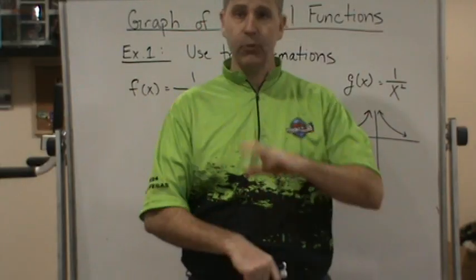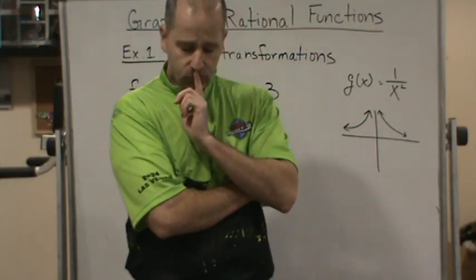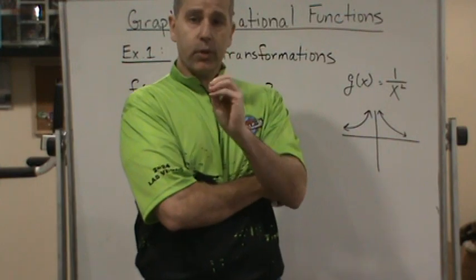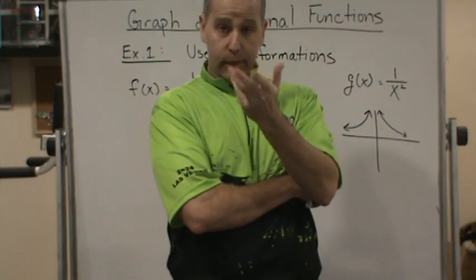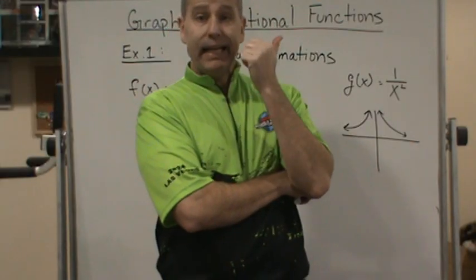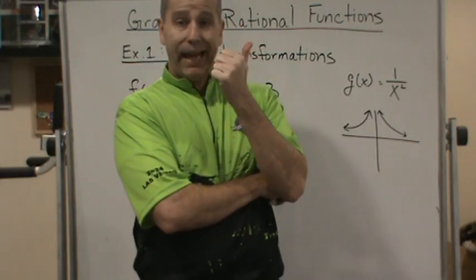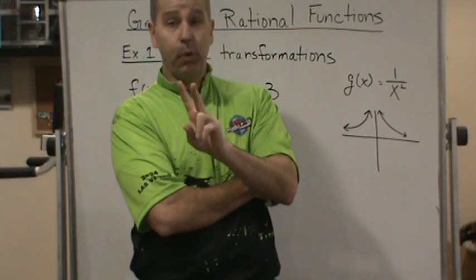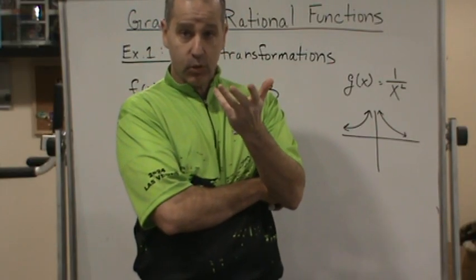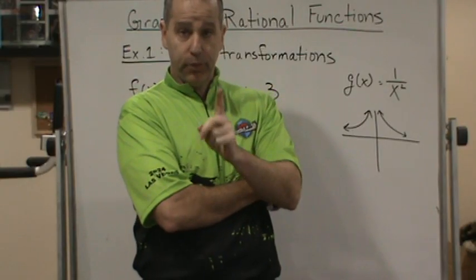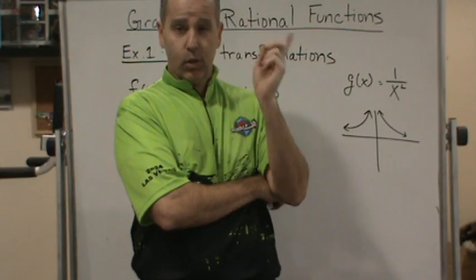And by the way, just so you know, when it comes to horizontal asymptotes, slant asymptotes, or nonlinear asymptotes, you can't have both slant asymptotes, or oblique asymptotes, and horizontal asymptotes.